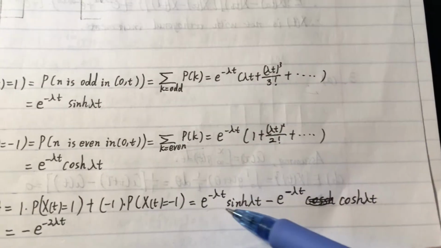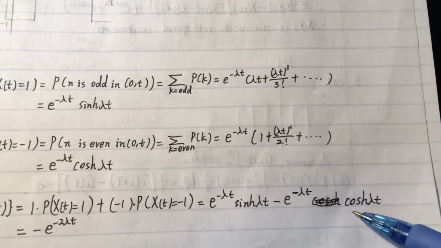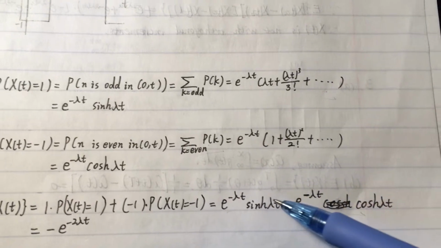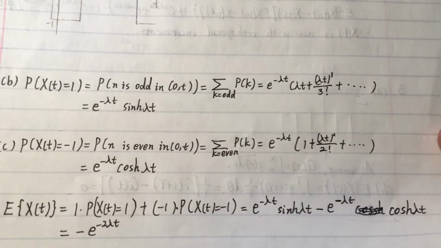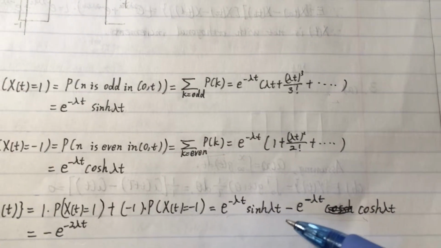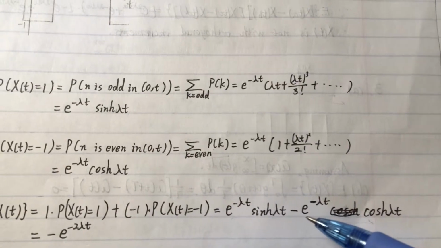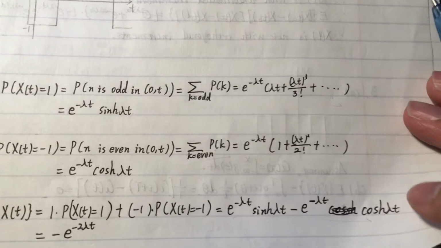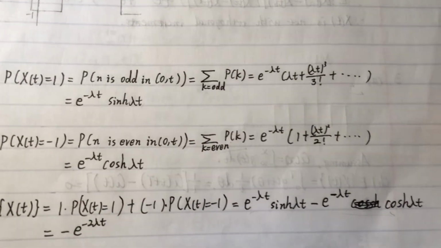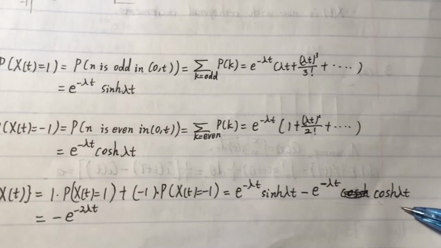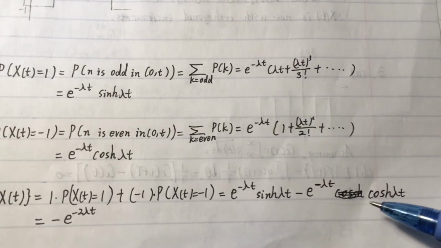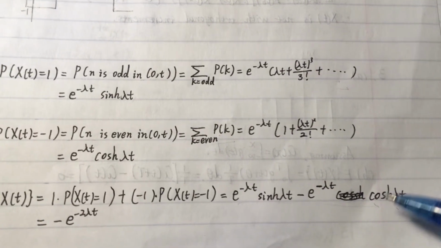So we can get this equation, and we know that cosh(λt) minus sinh(λt) equals e^(-λt).